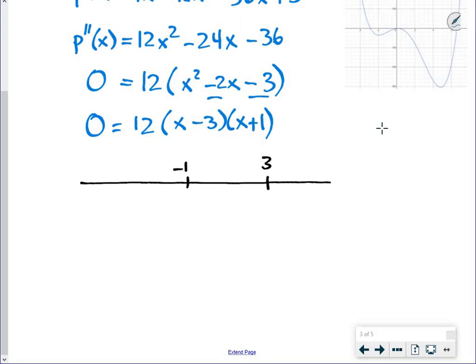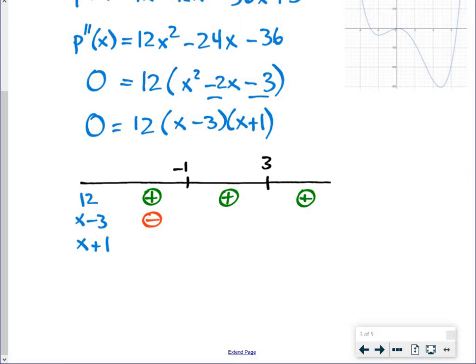Okay, we have our components of the double derivative: 12, x minus 3, and x plus 1. 12 will be positive for all of these intervals. It's just a positive number. Okay, x minus 3 to the left of negative 1 will be negative. So suppose I chose x equal negative 2.